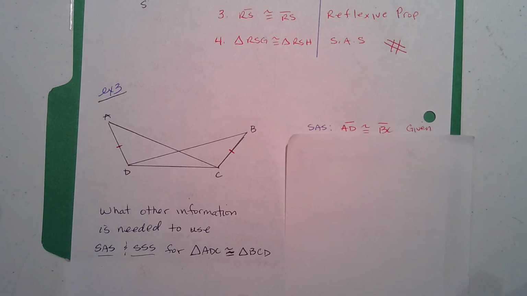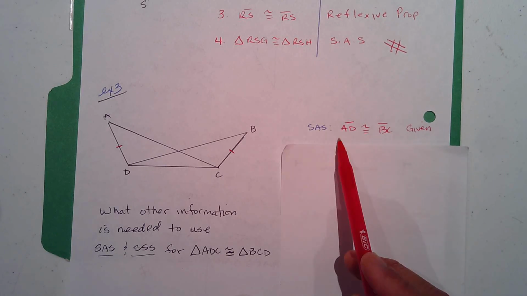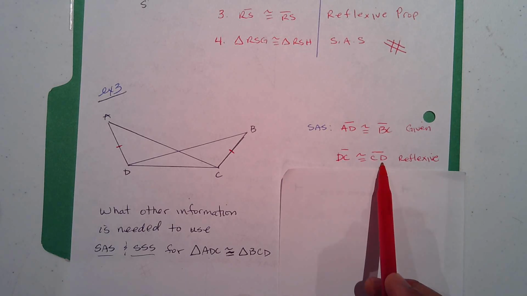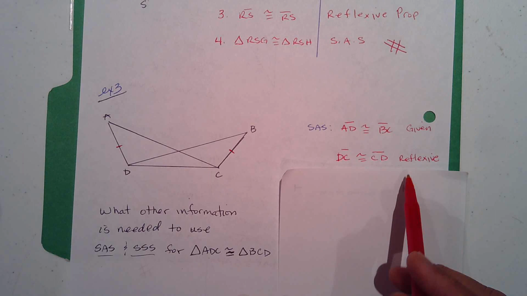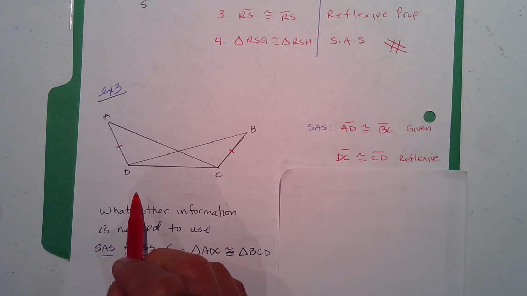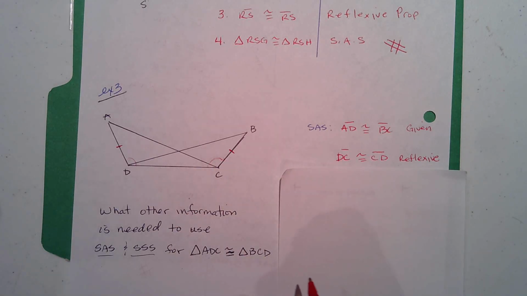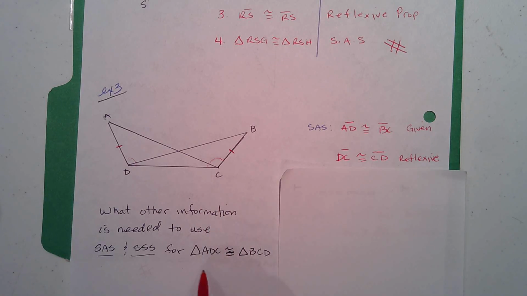So let's take a look at the SAS case. We know that AD is congruent to BC. That's given. We also know that DC is equal to CD. That's a reflexive property. So if you focus on this triangle versus this triangle, what we need is this angle to be congruent.